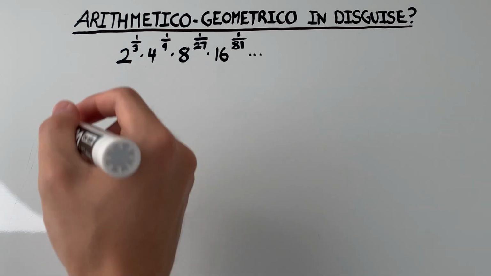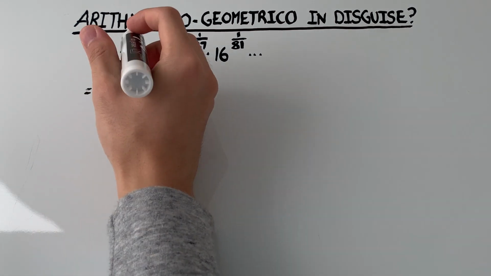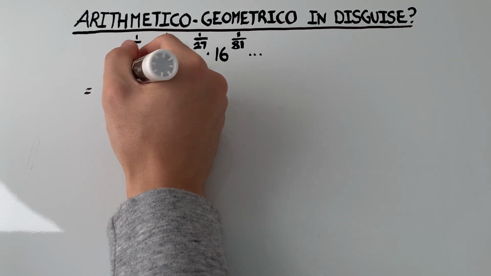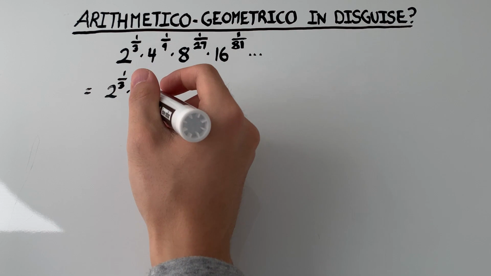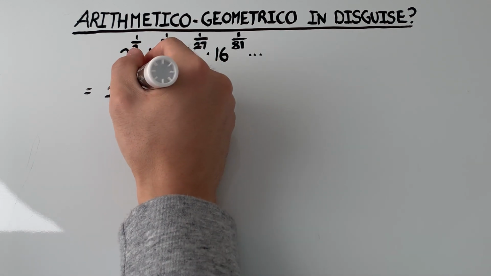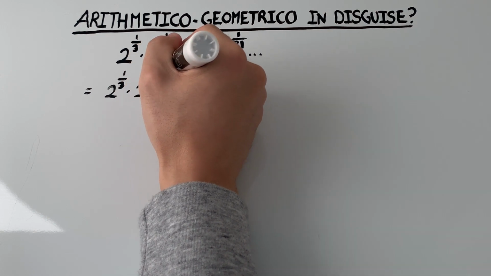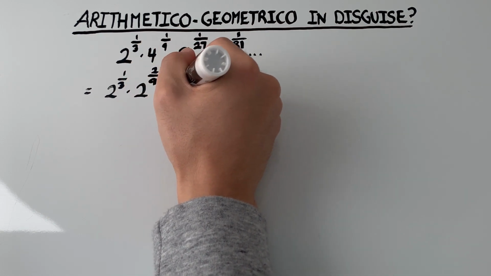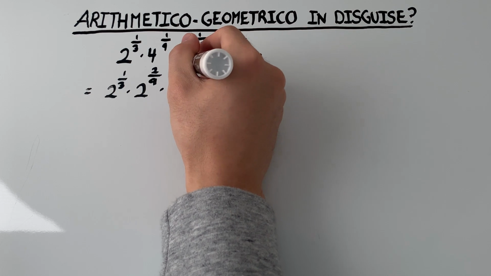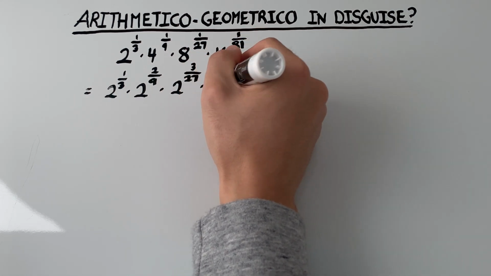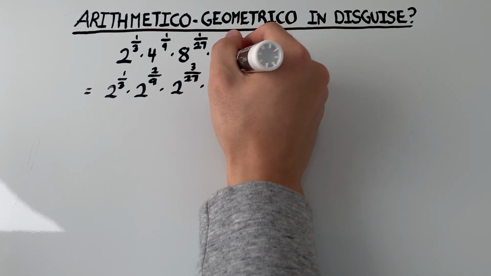So that would become 2 to the 1 over 3 times 2 to the 2 over 9 times 2 to the 3 over 27 times 2 to the 4 over 81.